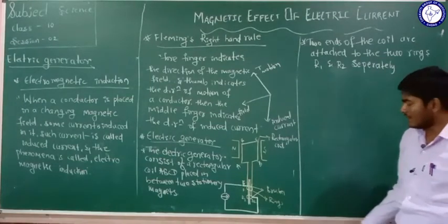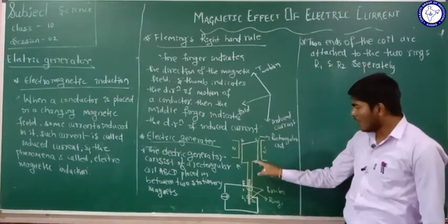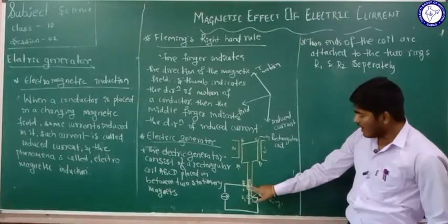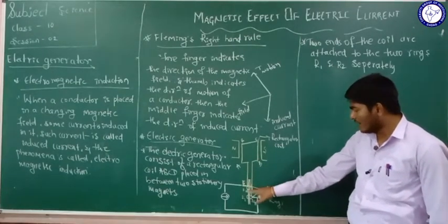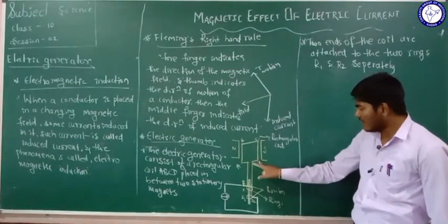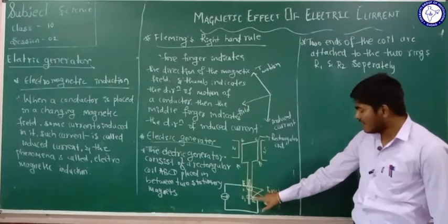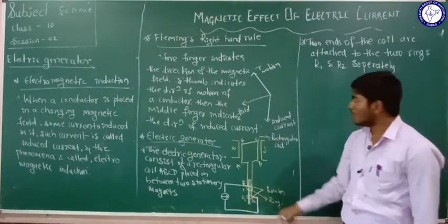We have to see here the two ends of the coil. This is one end of the coil, attached to one ring R1, and another end of the coil is attached to the other ring R2.